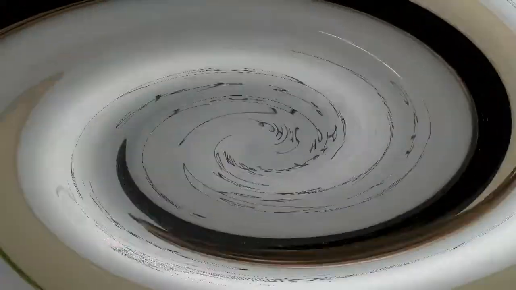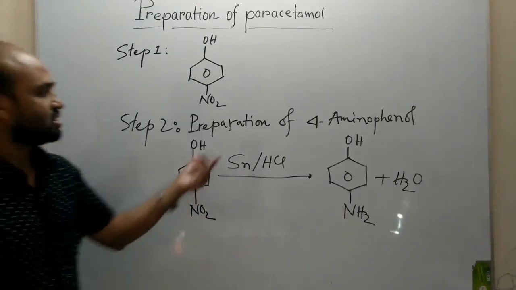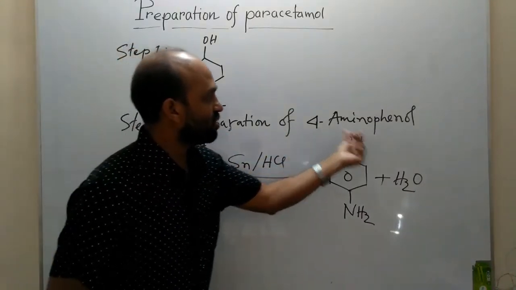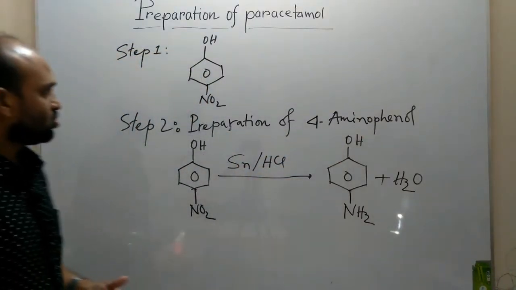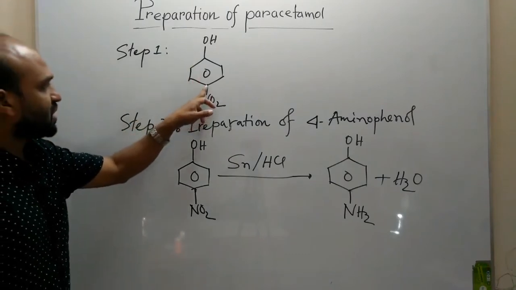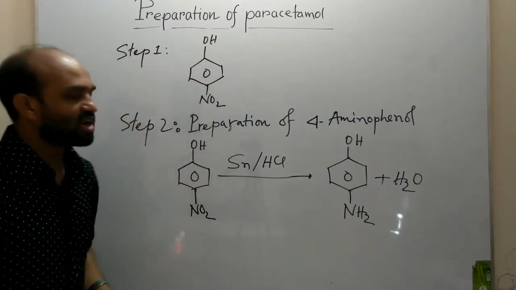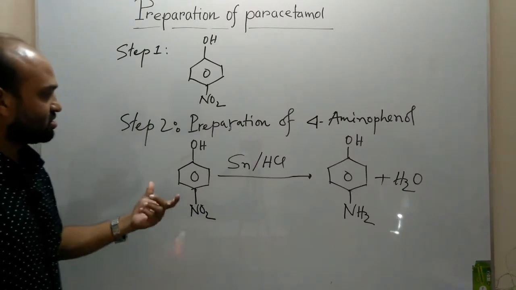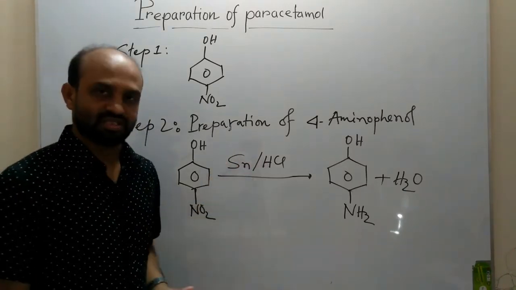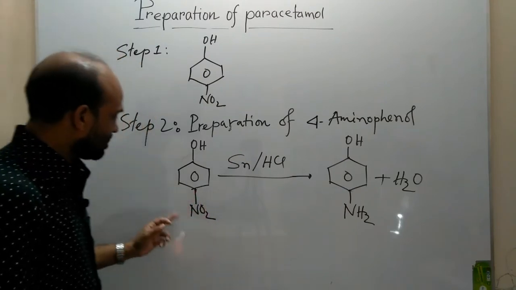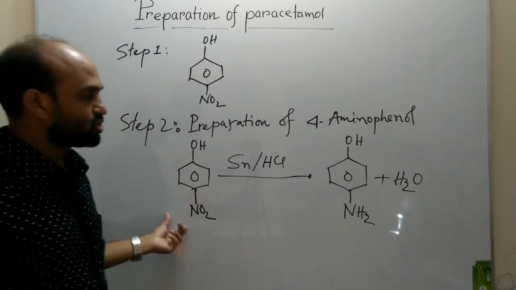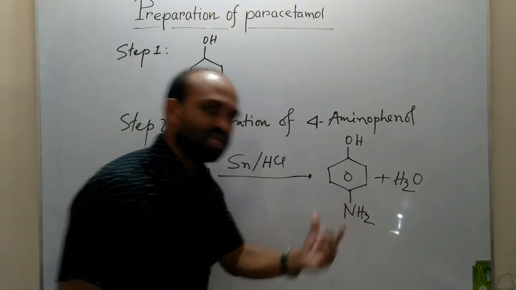Next step is step 2, and it is preparation of 4-aminophenol. We got paranitrophenol from step 1. Now this paranitrophenol is treated with tin and HCl. Then nitro group is reduced to amino group in this way.